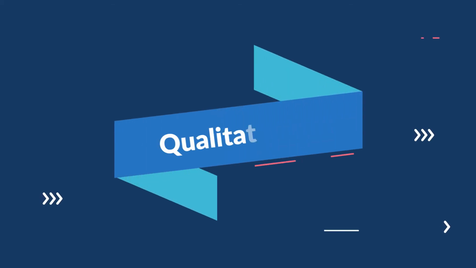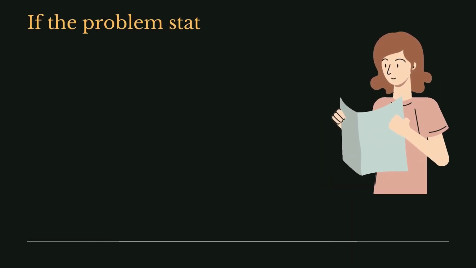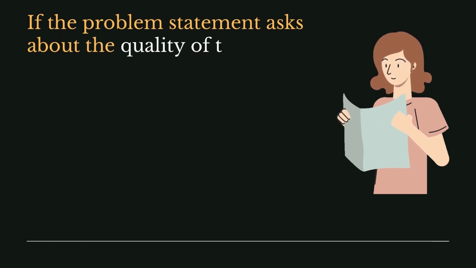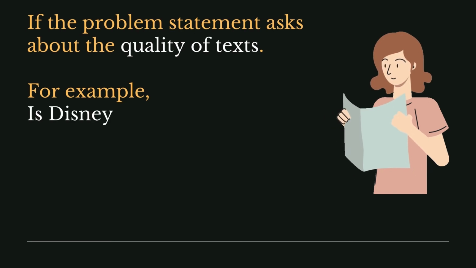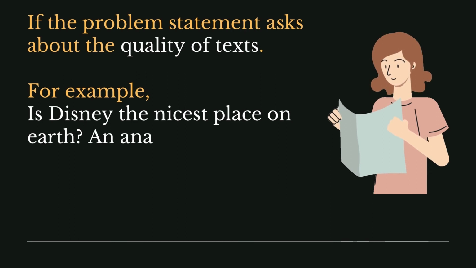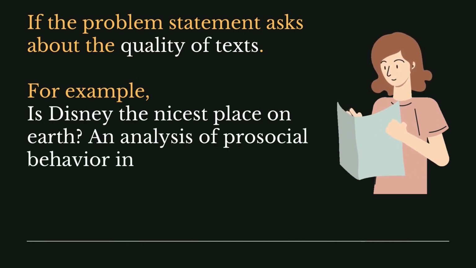We'll now discuss some qualitative research methods. If the problem statement asks about the quality of texts, text could be print, audio, visual, or any such thing. For example, the problem statement could be, is Disney the nicest place on earth?